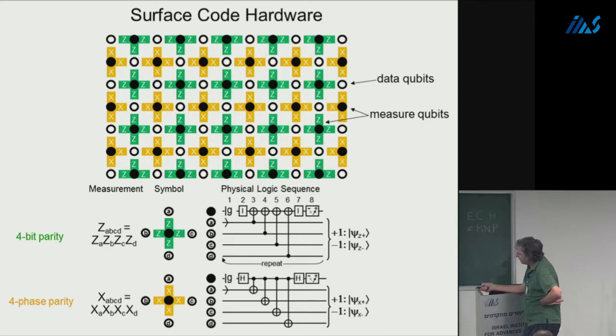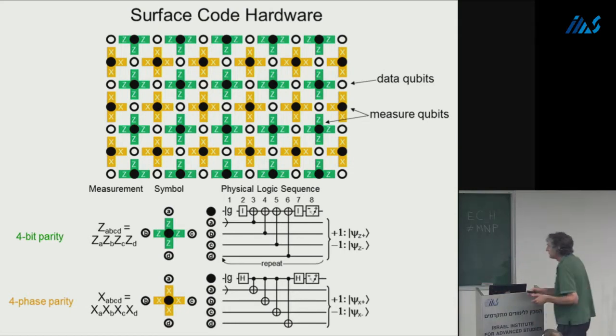So each one of these operations is maybe 20, 30 nanoseconds, and we would expect to repeat this every 200 nanoseconds or so. And every 200 nanoseconds we get, let's say, a plus or minus 1 out of all these measurements corresponding to the 4-bit phase and bit parity. Okay? So that's the basic operation.